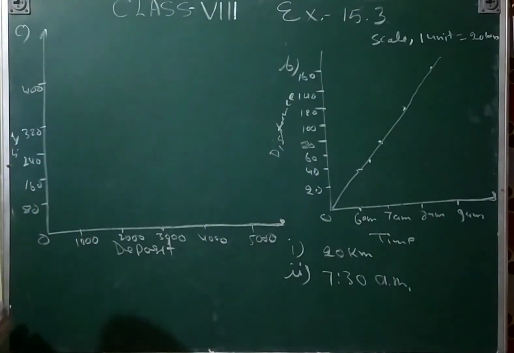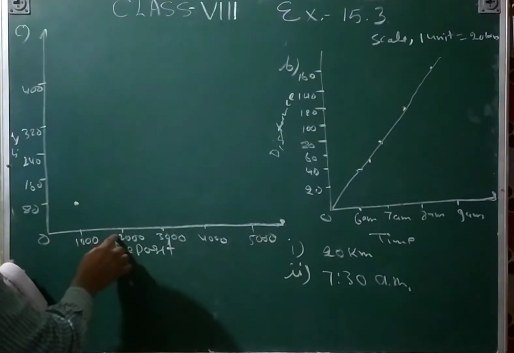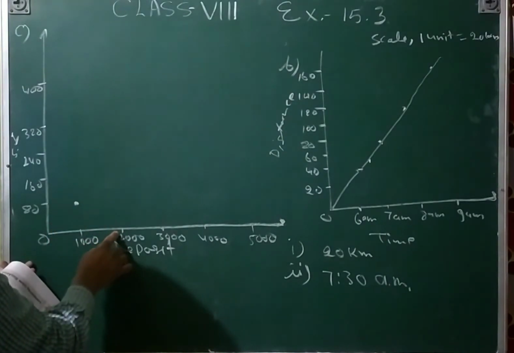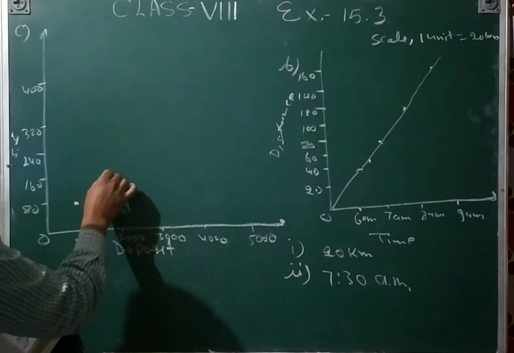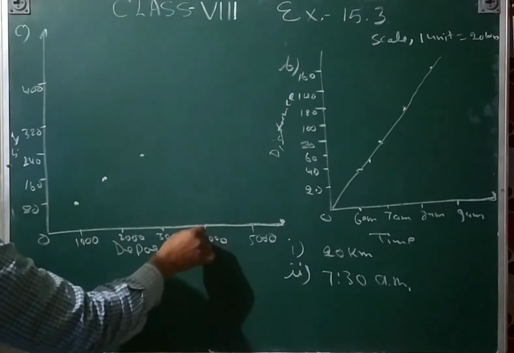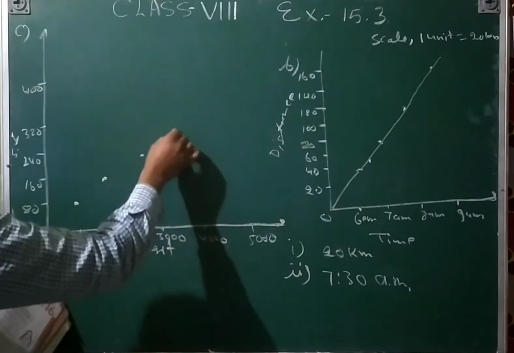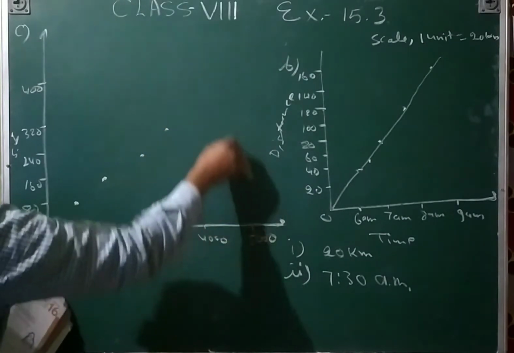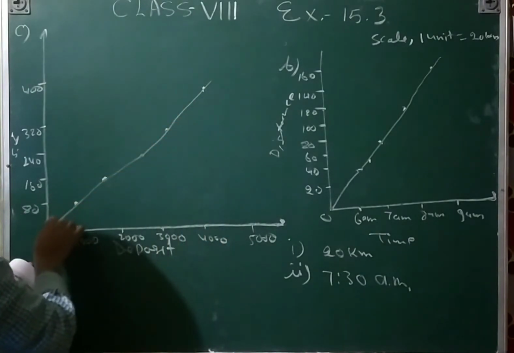On 1000 that is 80, and then on 2000 that interest is 160, next is 240, next is 320, and next is 400. So that is the line.